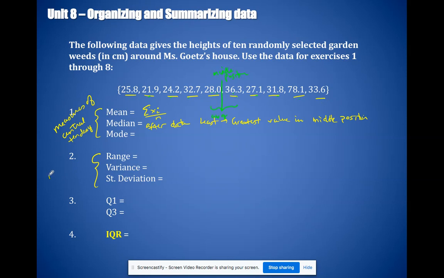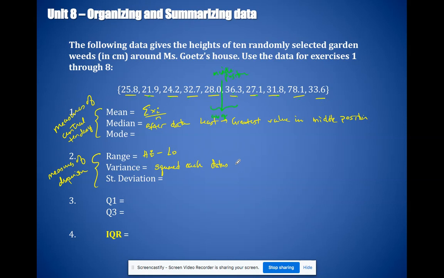Range, variance, and standard deviation are measures of dispersion, or spread. Range is simply the high minus the low. Variance is after you have squared each data point's distance from the mean and added them all up together.